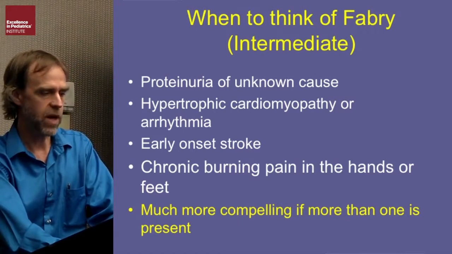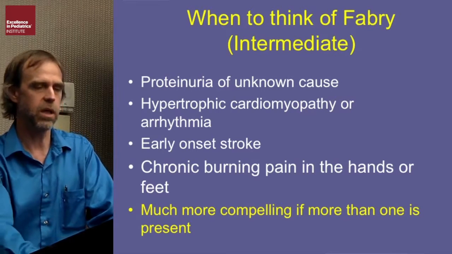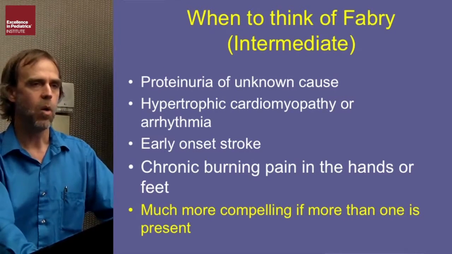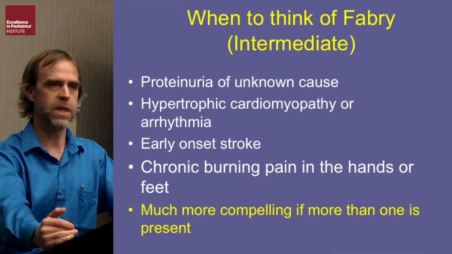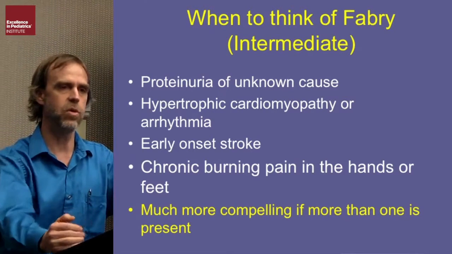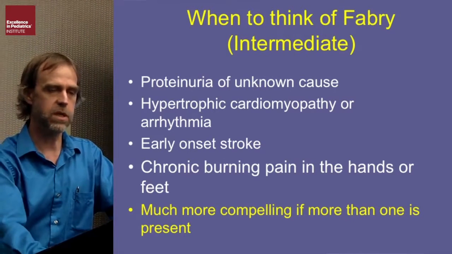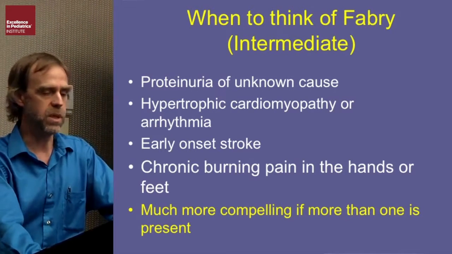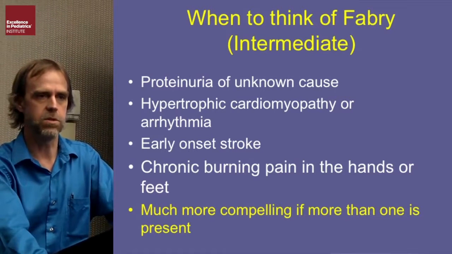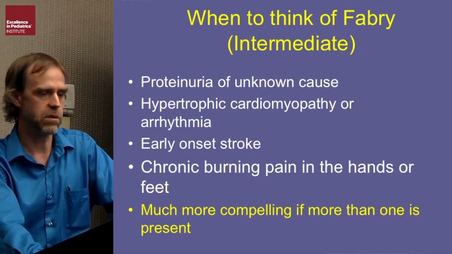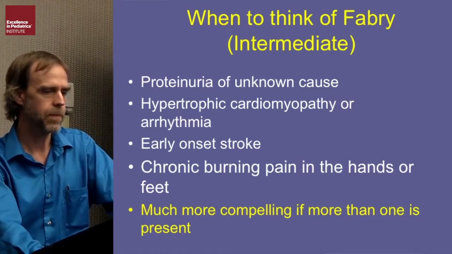These findings are much more compelling if you have more than one of them, or if you see one of these and then you do a family history and find other problems in the family history, that would be, again, strong evidence that you should think about Fabry disease and initiate further workup.